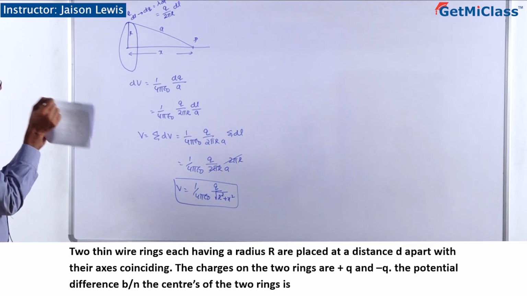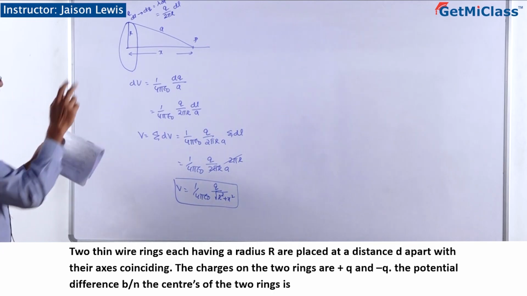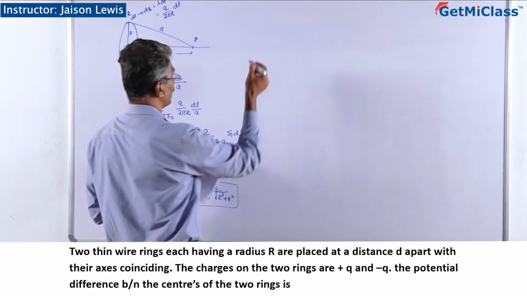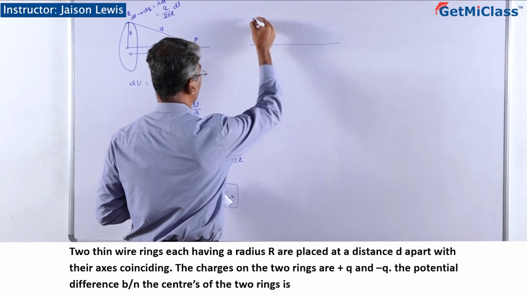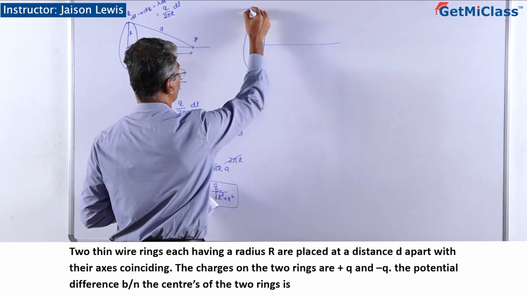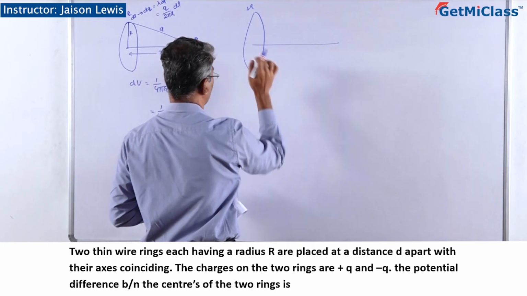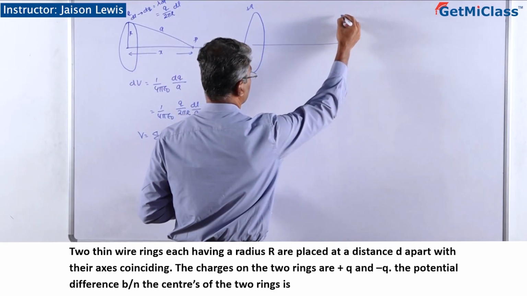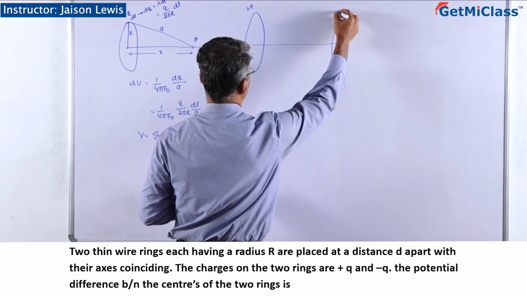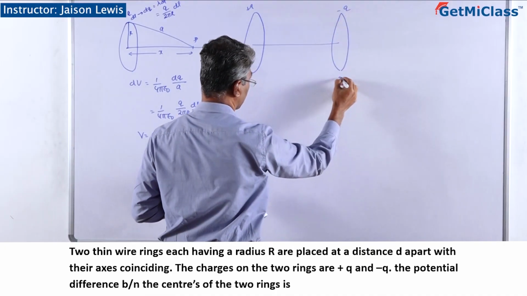Now such rings are taken in this problem and they are placed at a distance d apart. We'll continue. There are two rings now. One ring has a positive charge, plus q, ring number 1. The second ring is here and it has a charge minus q, and this is the second ring.